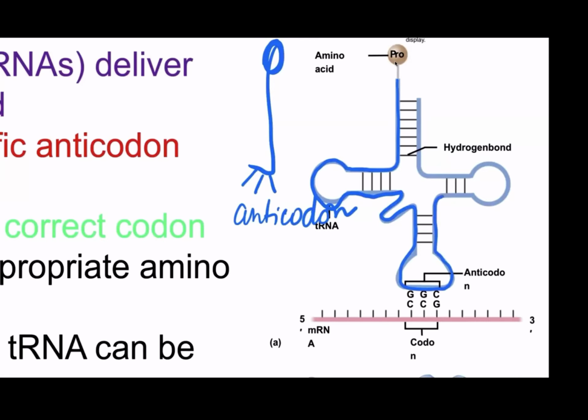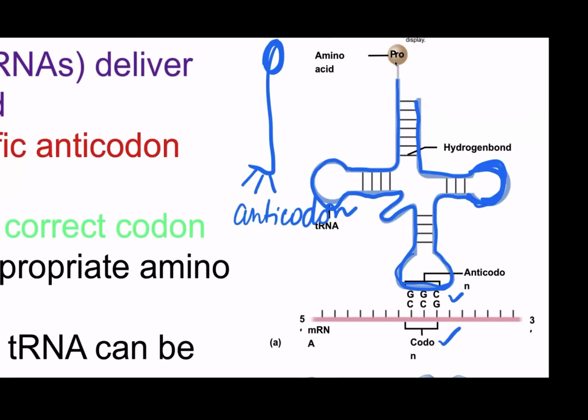We call it a hairpin loop-like structure on one end. The RNA folds on itself, but this is a loop structure because they don't have complementary sequences. This is known as the anticodon loop, which interacts with the codon. So anticodon and codon interact with one another.